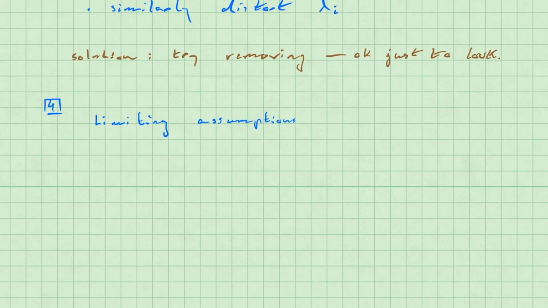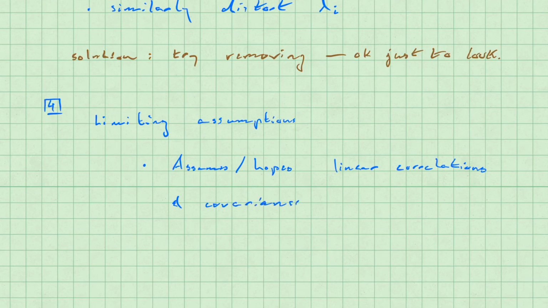Well, I'm not sure if assume is exactly the right word here, but it sort of hopes or assumes that linear correlations or covariances encode everything. So it hopes that these are really the whole story of the data.